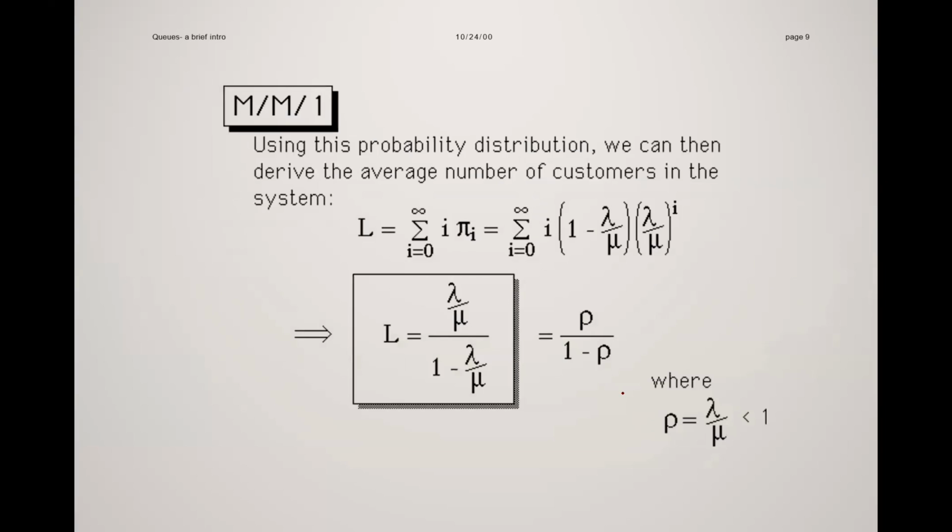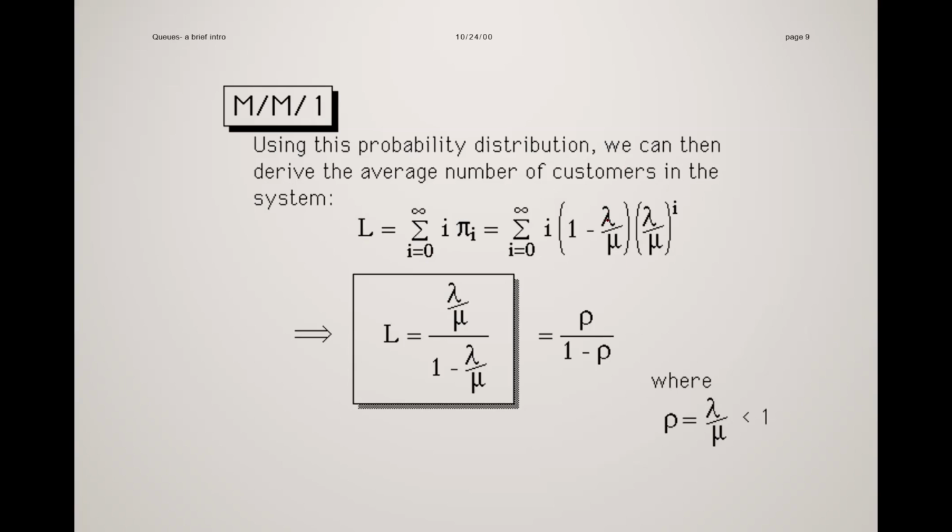Now, using this probability distribution, we can derive the average number of customers, using just an expectation. How do we compute expectation? Just the value times the probability of that value. So you have i times the probability that there are i people in the system. You sum it up for all values of i, then you get this formula.